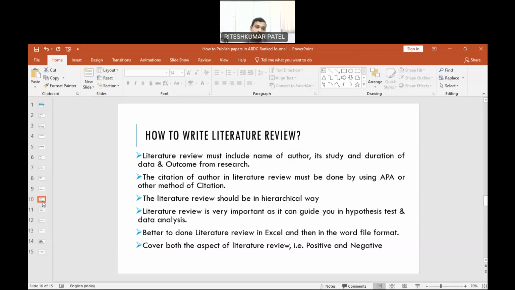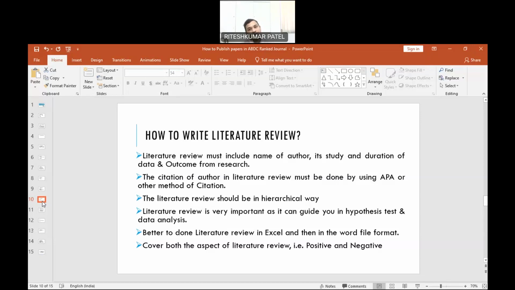When you do a literature review, you will know what kind of hypothesis you can frame, and simultaneously what kind of data methods you can apply. Whether to apply a particular test or not, you will be able to justify through the literature review only. It is better to do the literature review in Excel in a structured tabular format, and then process it in the Word file format.